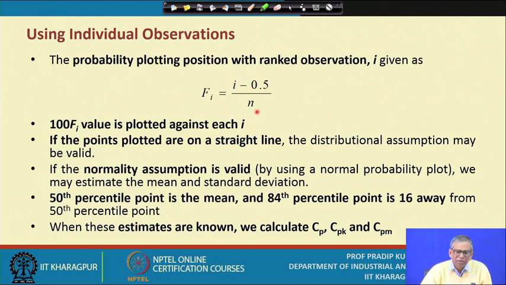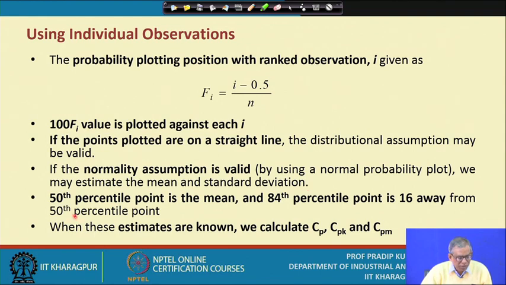Divided by n, where n is the total number of observations. So 100 f i is plotted against each i, and if the points plotted are on a straight line, the distributional assumption may be valid. If the normality assumption is valid, by using a normal probability plot, you have to use the log scale basically, we may estimate the mean and the standard deviation.